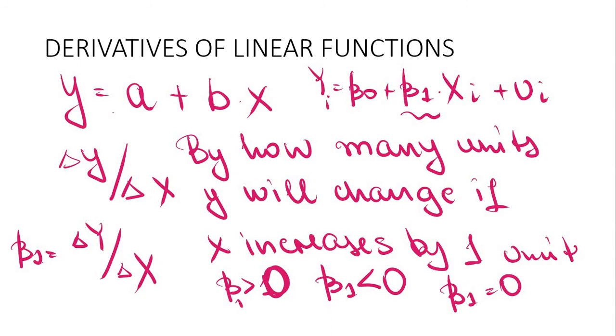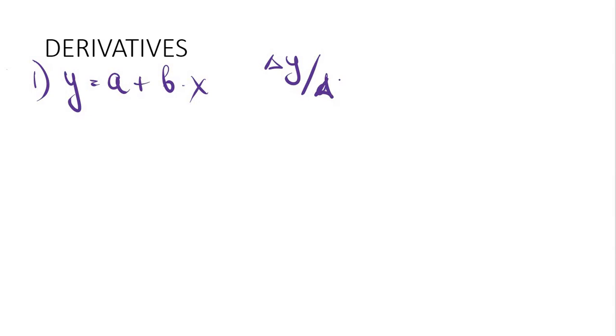And when it comes to other possible specifications, it will be a bit different. So I am just going to discuss again very briefly how you calculate the remaining derivatives. So as we discussed, for a linear function where y is equal to a plus b times x, dy over dx will be equal to b.